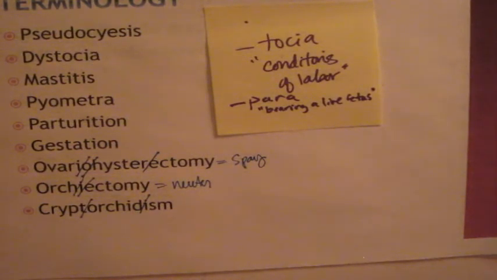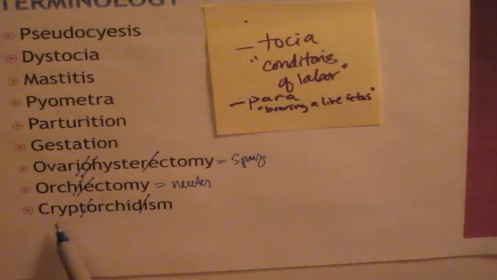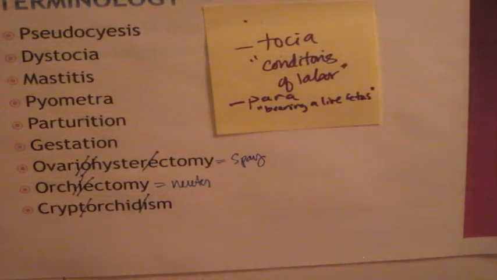So basically their testicles don't descend. Either one or maybe two will not descend. This animal, if it's a male, is considered a cryptorchid, or if the animal is suffering from it, you would say it is cryptorchidism.